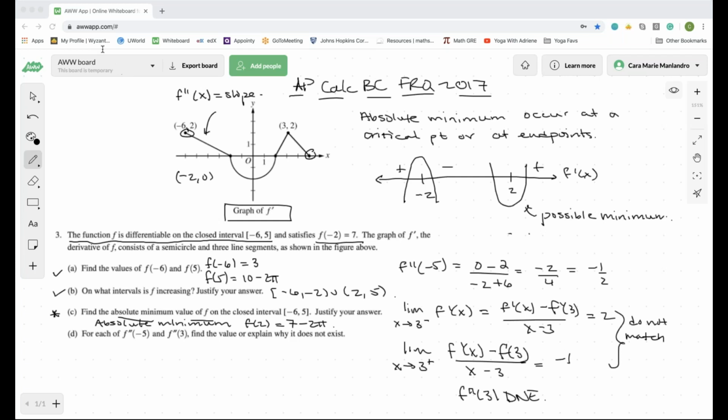Any questions on that question? When explaining why it does not exist, would showing our work like that count? Showing work in math counts. Would we get points for saying it's not continuous?